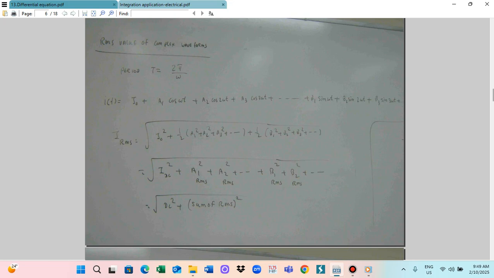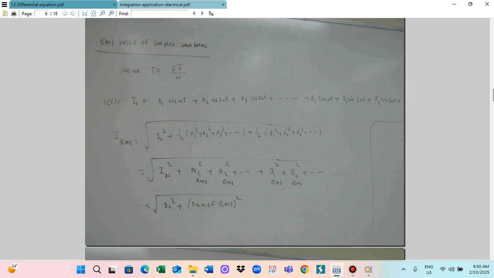So the waveform you can write as i equals I0 plus A1 cos omega t plus A2 cos 2 omega t plus A3 cos 3 omega t, and also the combination plus B1 sin omega t plus B2 sin 2 omega t plus B3 sin 3 omega t, and so on.